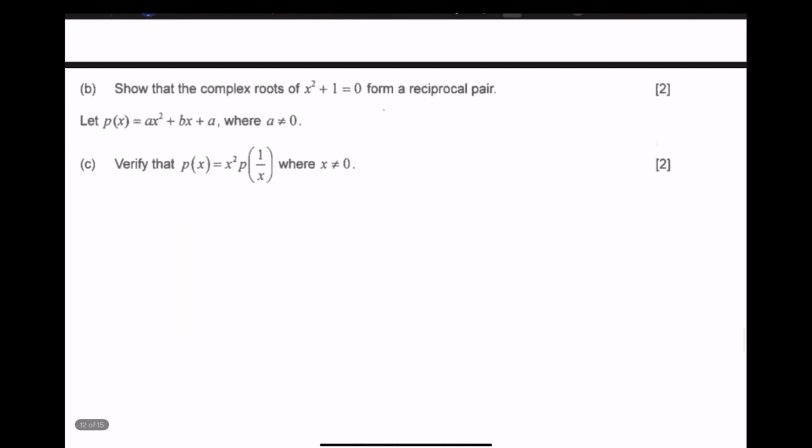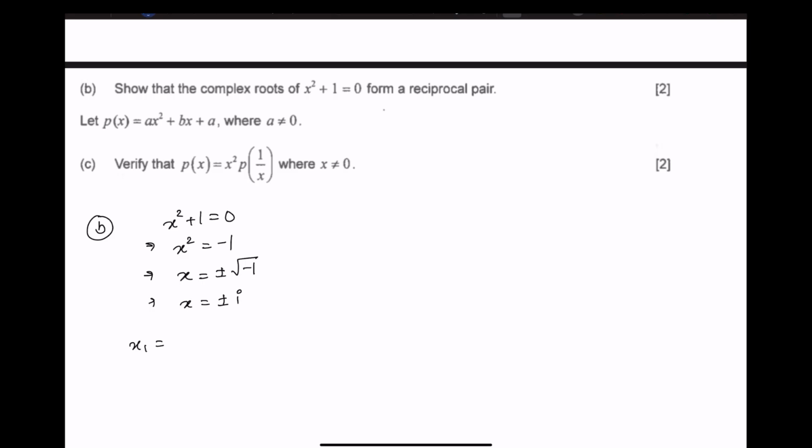We'll now move on to question B. We have to show that the complex roots of x squared plus 1 form a reciprocal pair. So for part B, x squared plus 1 equals 0, which is x squared equals minus 1. So x would be equal to plus minus root of negative 1, which is plus minus i.